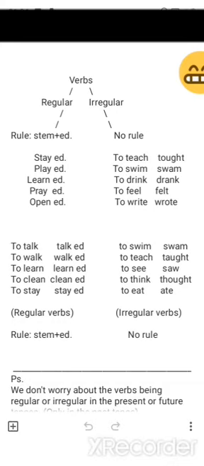We guard the stem stay and we add ed. Play, played. Learn, learned. Pray, prayed. Open, opened. We apply the same rule. We guard the stem and we add ed to all regular verbs.